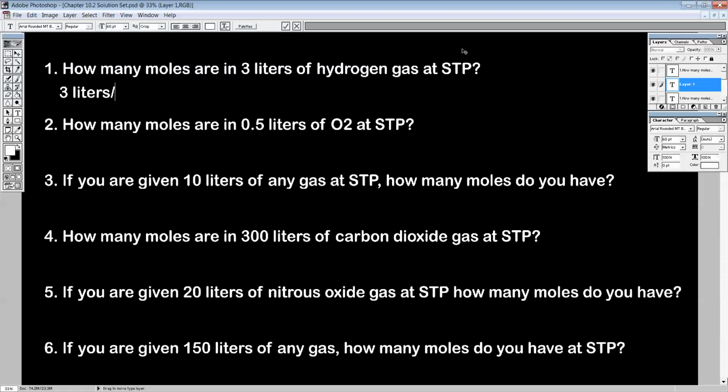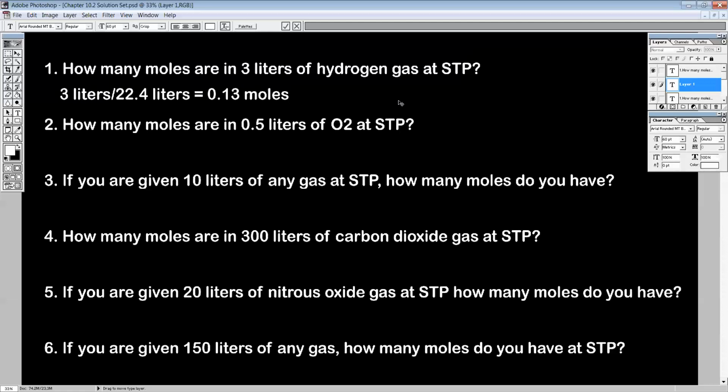Our constant is 22.4 liters, so that goes on the bottom of the division problem. Now I'm going to ignore rounding conventions and significant digits here, and I'm going to give you 0.13 moles as an answer. Some of you may have 0.134. That's just fine.